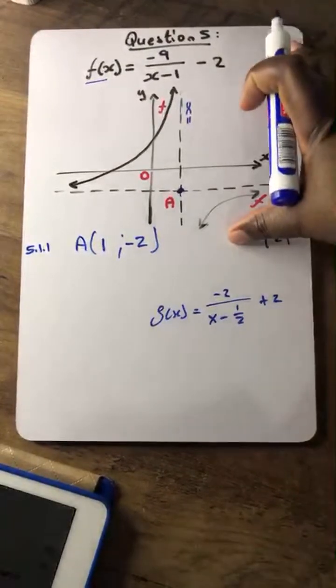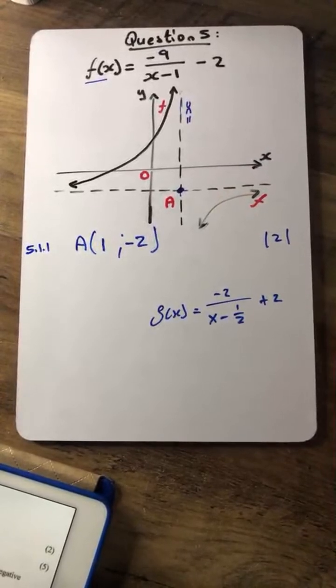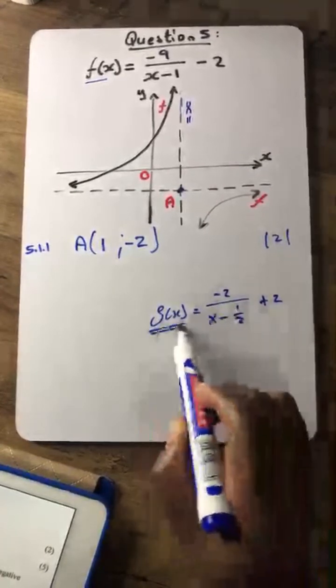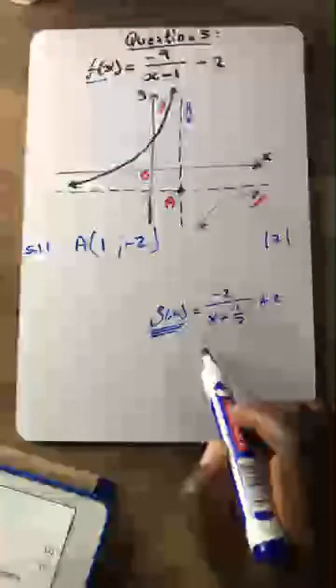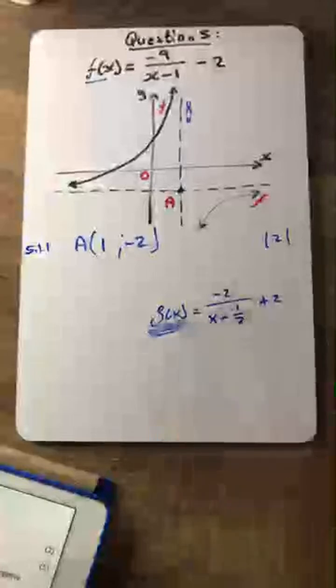They don't need to draw that in order to ask a question regarding the asymptotes. What they can do is just say, give the equations of the asymptotes of g of x.